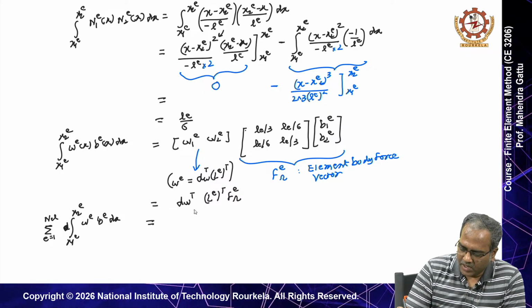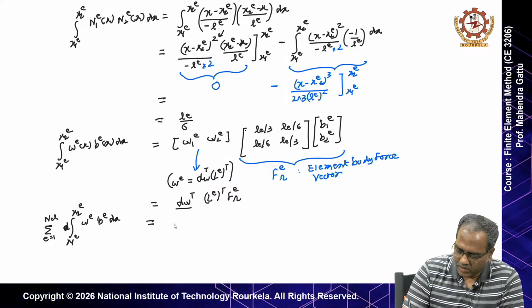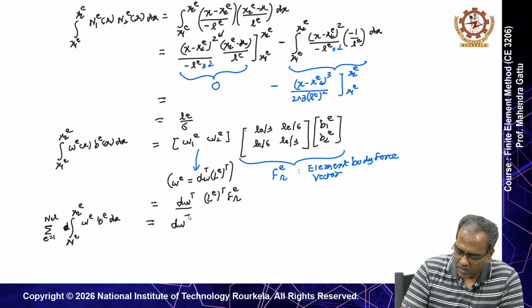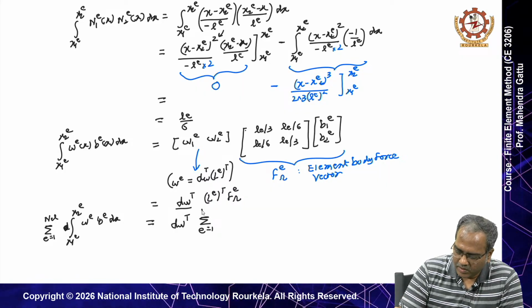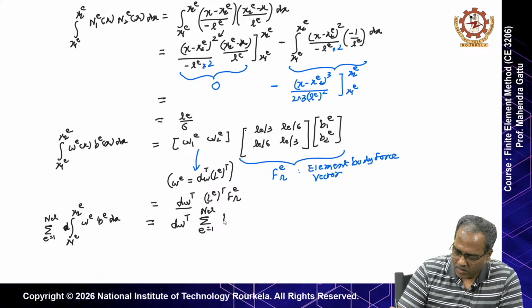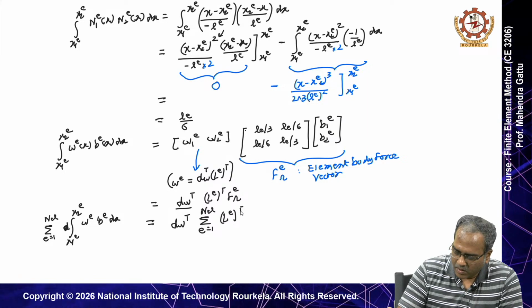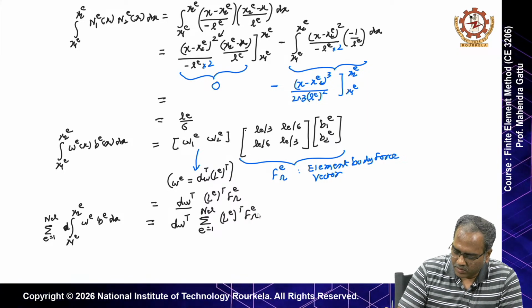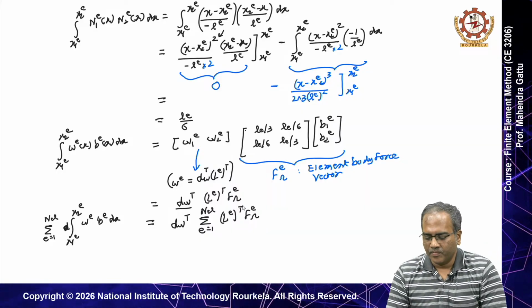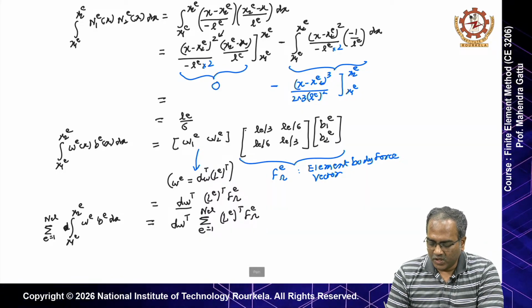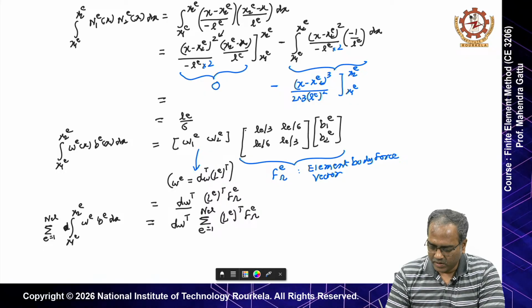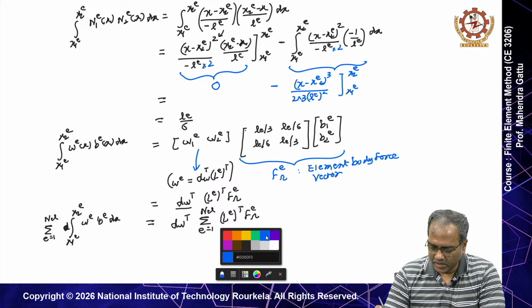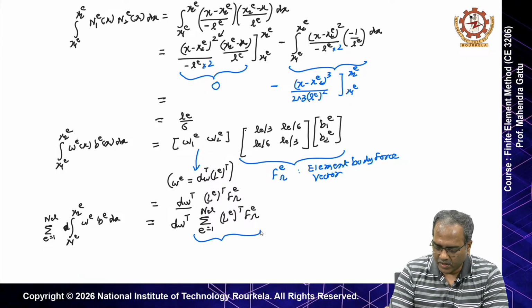This summation, what will happen is, this term will come out, and we will be left with omega. Okay. So, we will get the global body force vector. Okay. This term whatever we are getting, this will be the global body force vector.